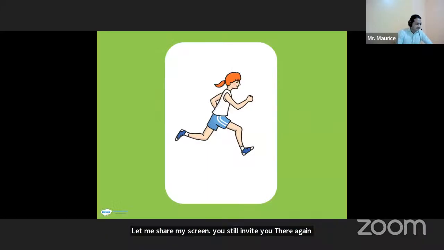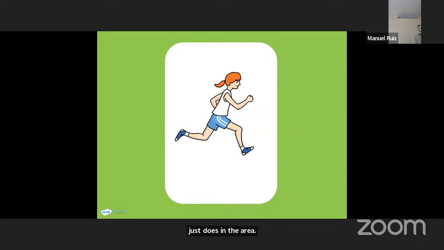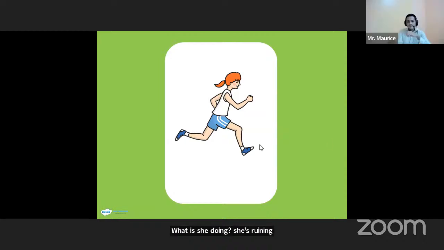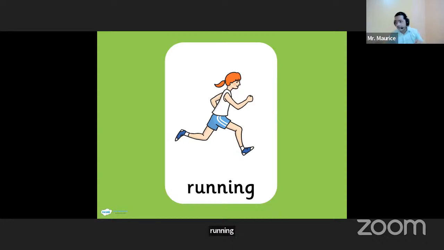Let me share my screen. Y ustedes me ayudan, okay? You help me. Action number 1. What is she doing? ¿Qué está haciendo ella? She's running. Correct. Running.